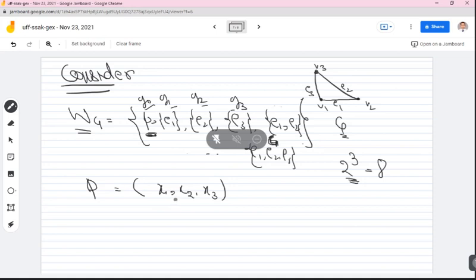So how to find this? This is a subgraph. And what is G1? G1 is also a subgraph. We can write this graph in the form of only E1.